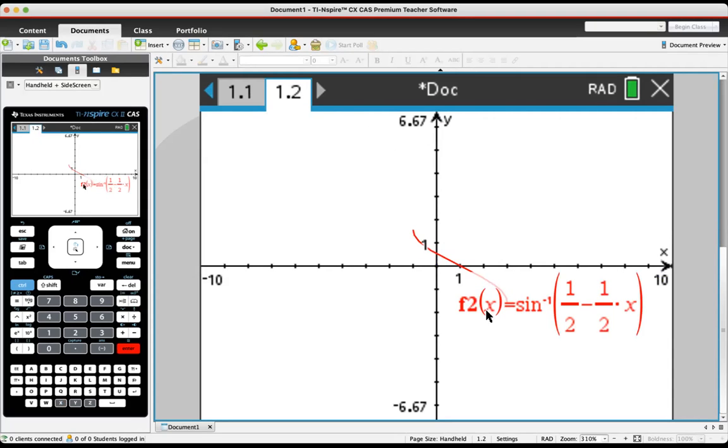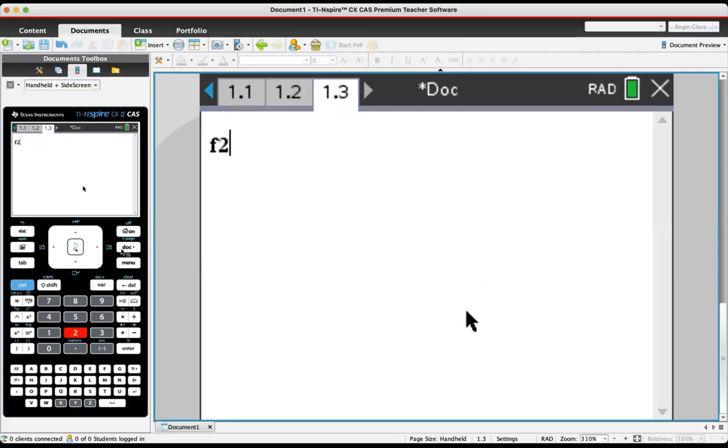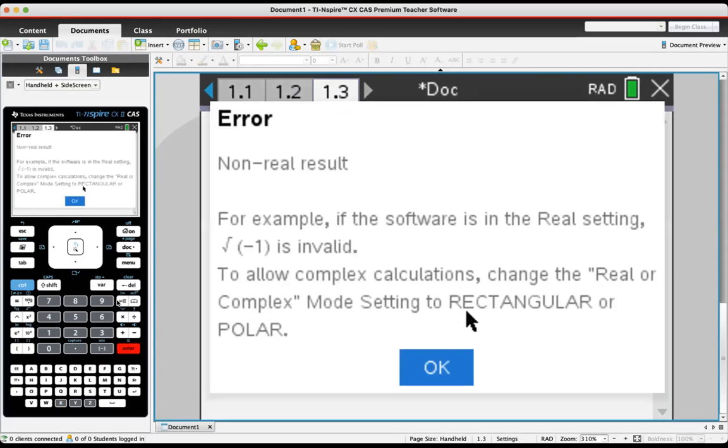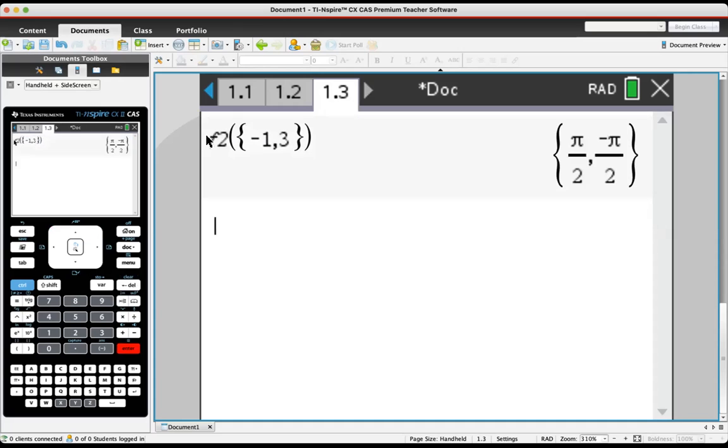So now I'm looking at f2 of x. Let's press Control Dot. f2 of curly bracket minus 1, 4. Whoa, non-real result. That's an interesting one. Actually, minus 1, 3. Well, half pi and minus half pi, so perfect. Option C will be correct.